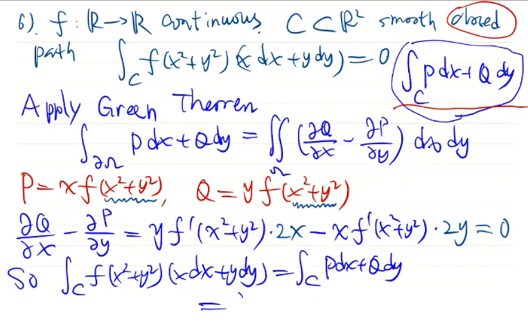This will equal the integral of qx minus py over omega, where omega is the domain bounded by C. You take omega to be the domain in the plane bounded by the closed path C. Then C is the boundary of omega, so we can apply Green's theorem. And the integrand we have just computed is 0, therefore the result is 0. Okay, so this seems to be a very good proof of our question.